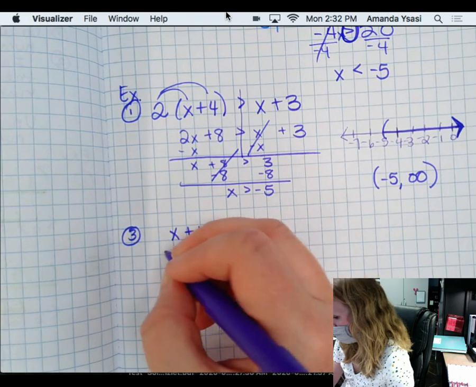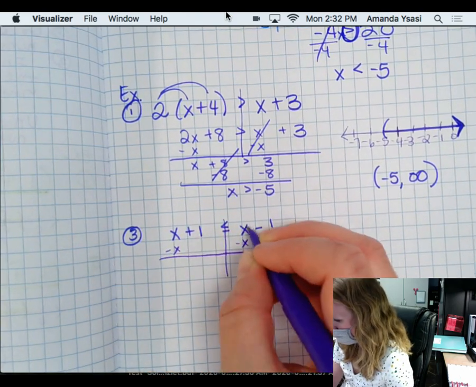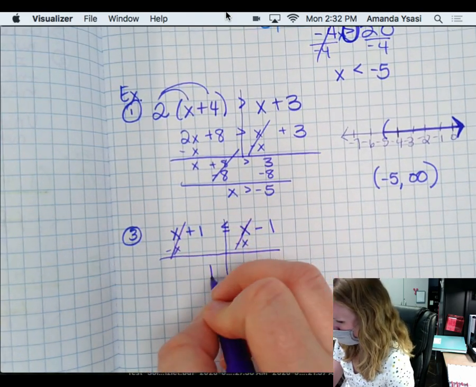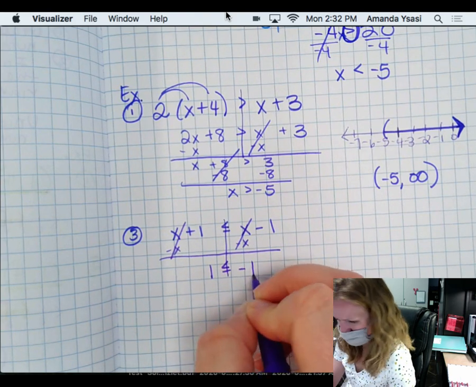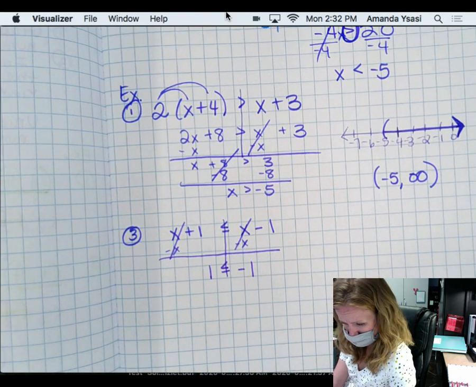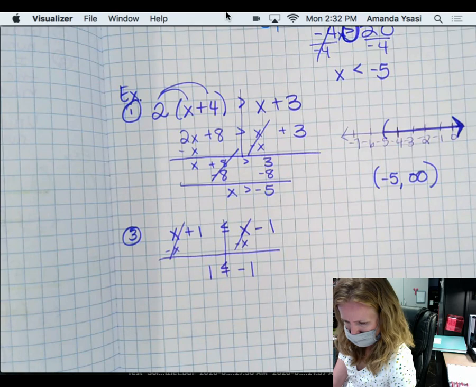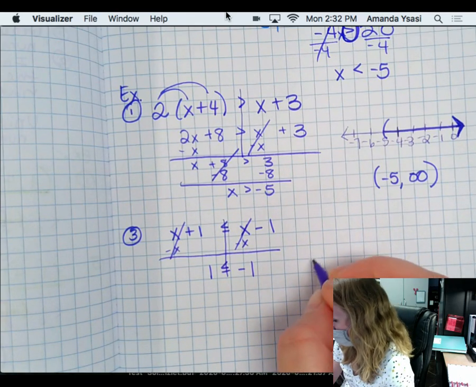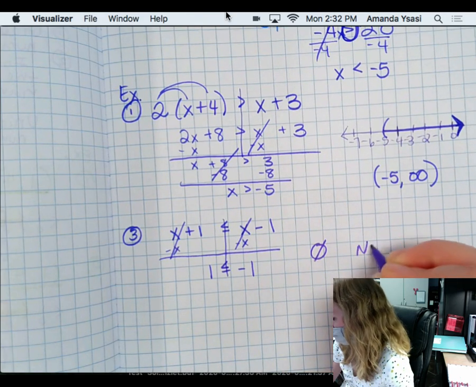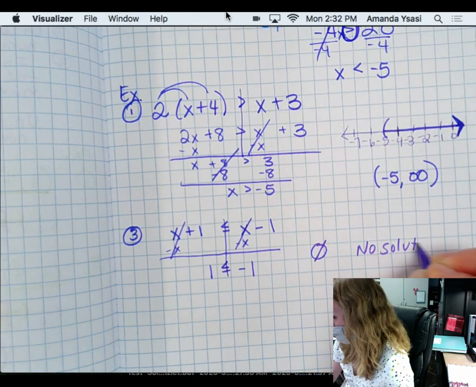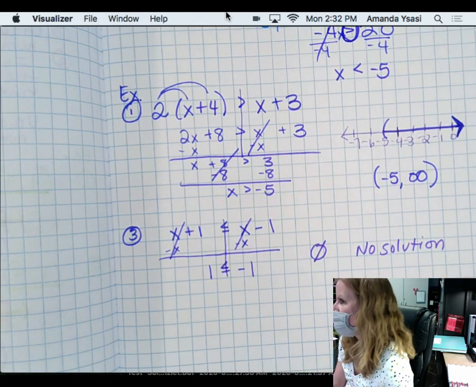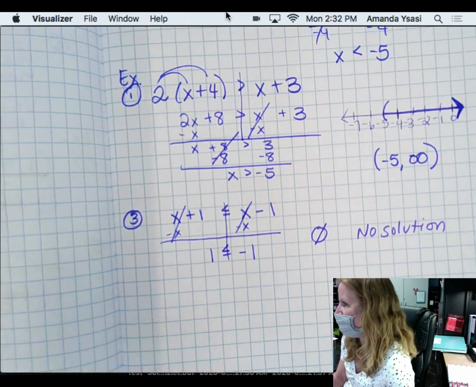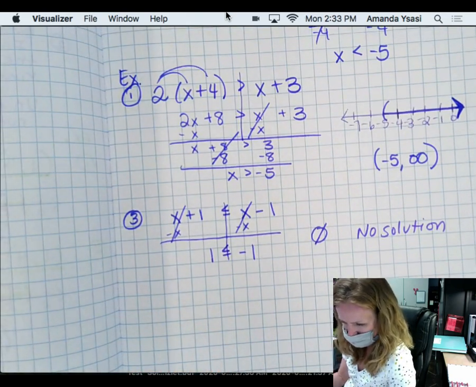We're going to subtract x. And we get 1 is less than or equal to negative 1. Is that true? No. So since that's not true, we have a no solution. But if it was true, then we would say all real numbers.